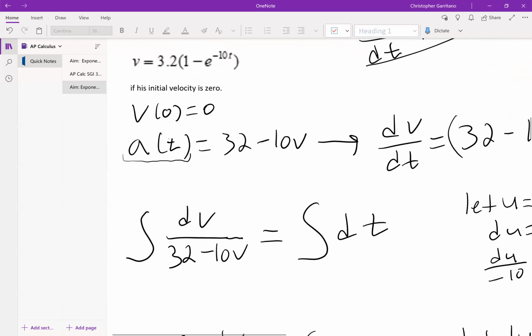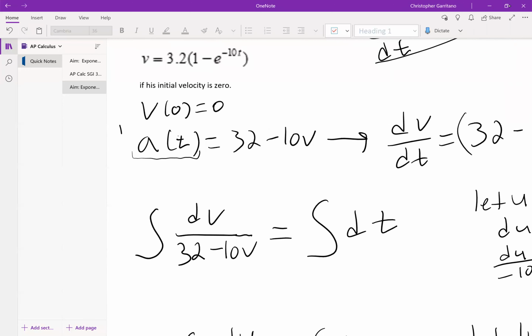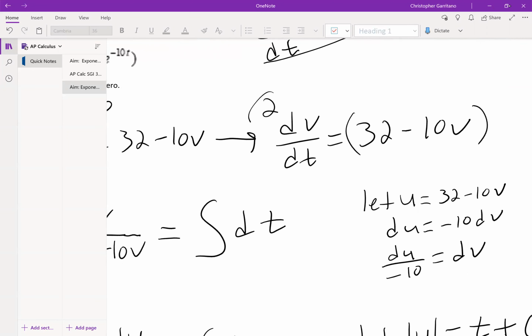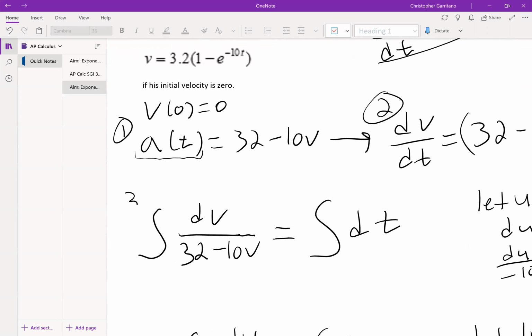Once you separate those differentials, the very next thing you're going to do is integrate. So to number the steps, we started out here, re-expressed over here, separated over here. And now to integrate this left side, I'm going to use u substitution. So that denominator is going to be what I call u.